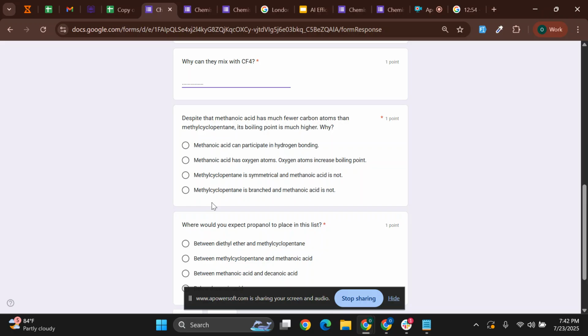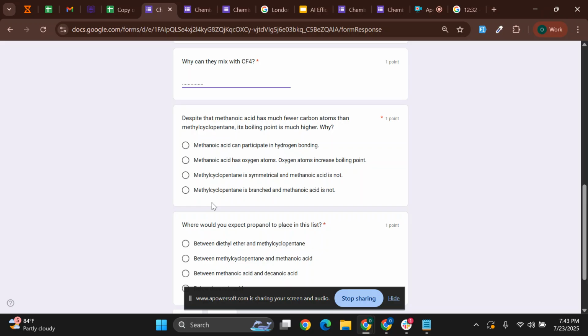Despite having much fewer carbon atoms than methyl cyclopentane, methanoic acid's boiling point is much higher. Why? Methanoic acid can participate in hydrogen bonding. Methanoic acid has oxygen atoms.